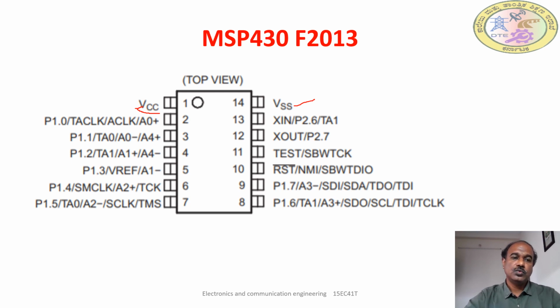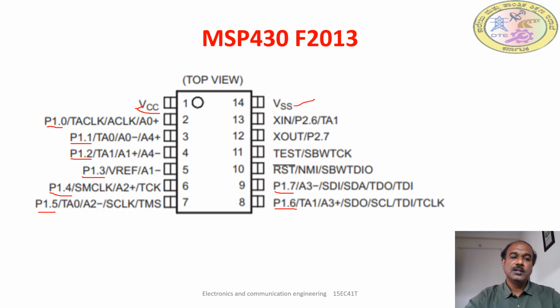Let us go through these pins in detail. If you use pin number 2 for the first function, P1.0, then this pin will act as bit 0 of port 1. Similarly there are P1.1, P1.2, P1.3, P1.4, P1.5, P1.6 and P1.7.